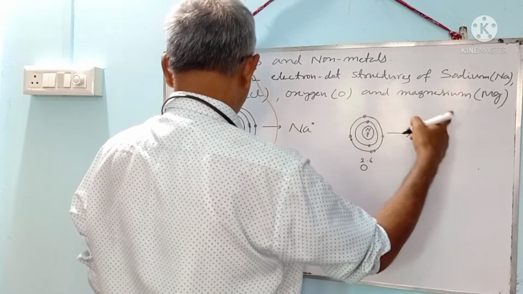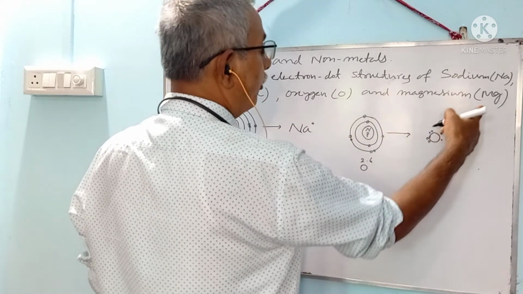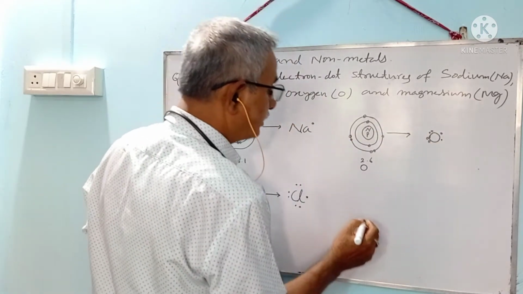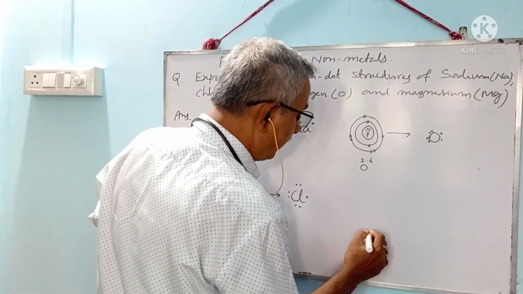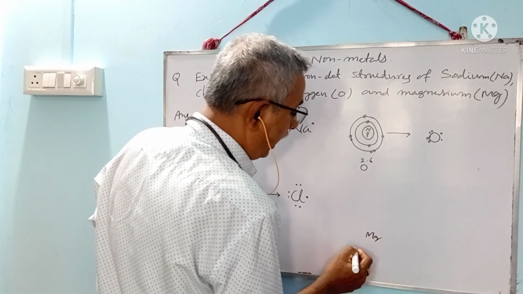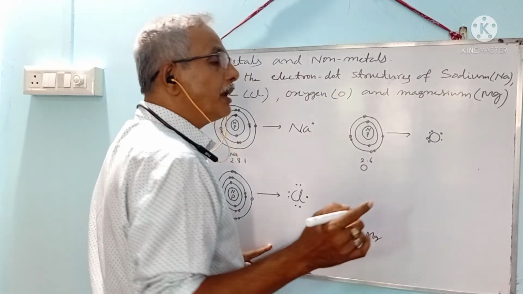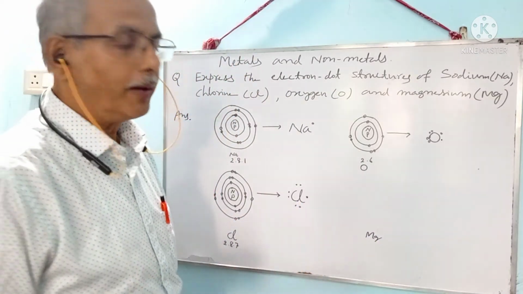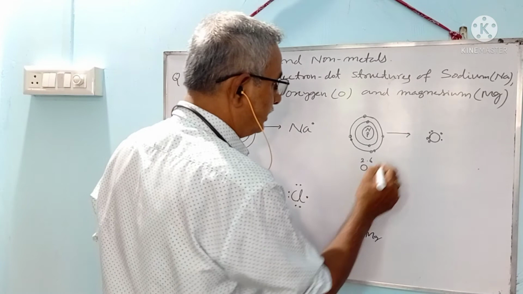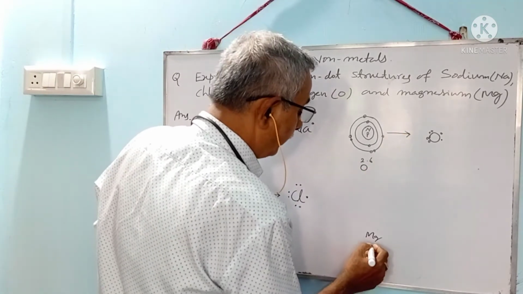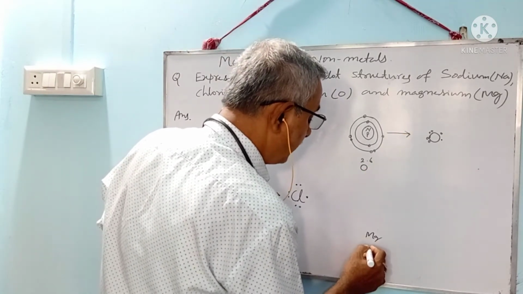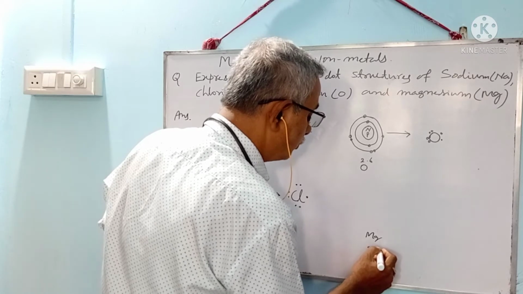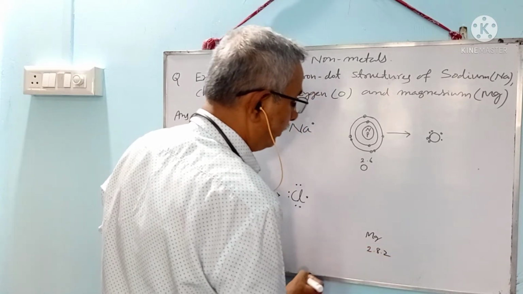Now what is left, dear friends? Now it is magnesium. You see, in the case of magnesium, what happens? The atomic number of magnesium is 12. That means you have to distribute the electrons as 2, 8 and 2.